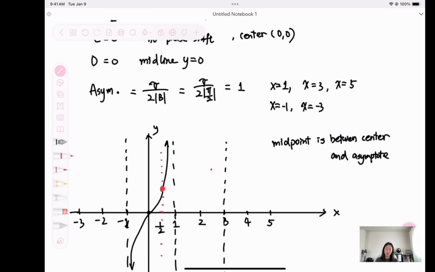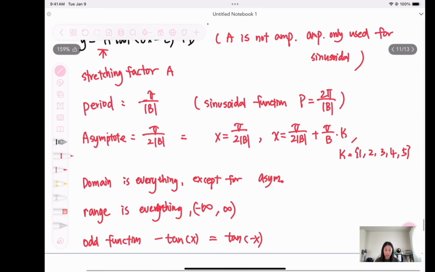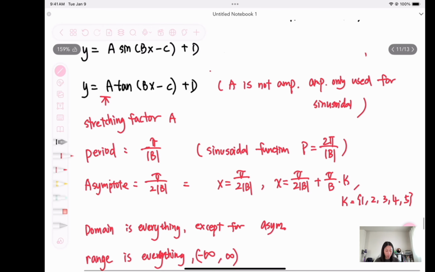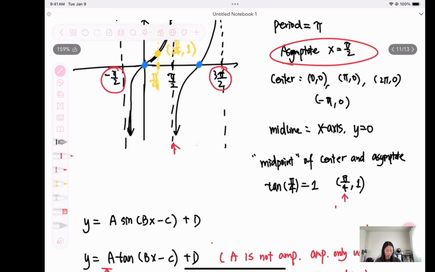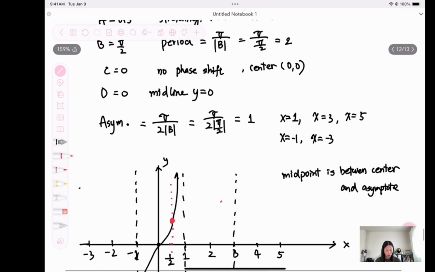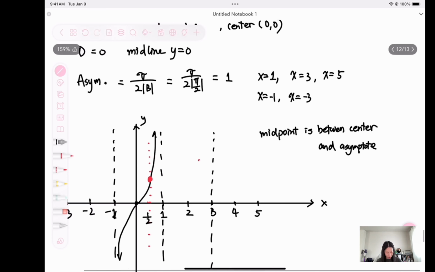Let's see, we haven't used the stretch factor yet. Now it's going to use the stretch factor. For the basic tangent function, our midpoint is what? Pi over 4, 1. The midpoint is in the middle, which is half of the way between the center and the first asymptote. In our case, it's 1/2. We found the x-coordinate. So what about the y-coordinate? Well, think about it.